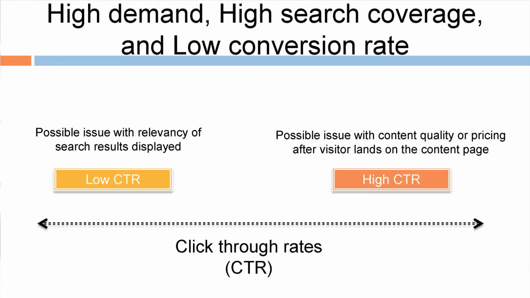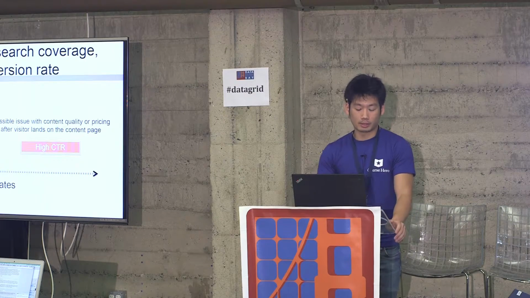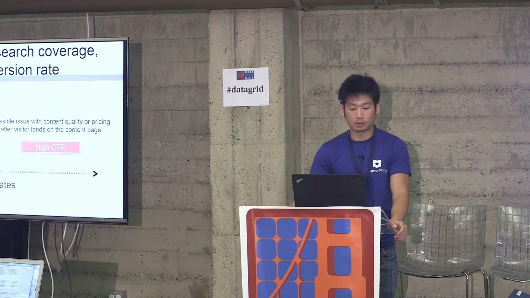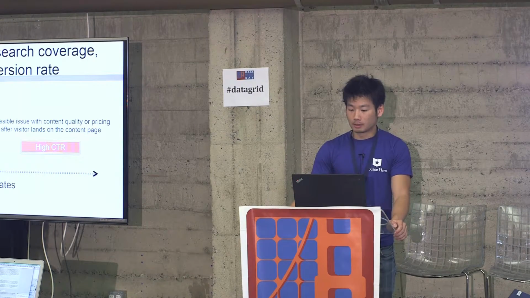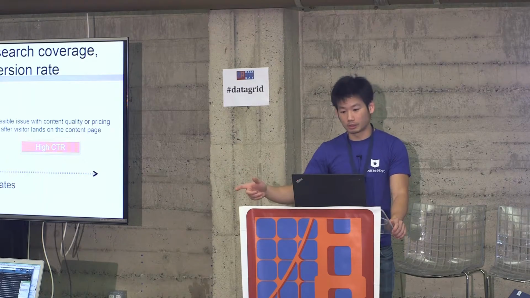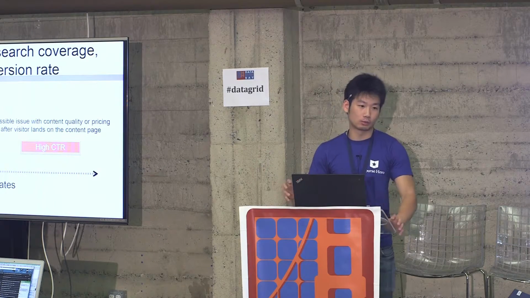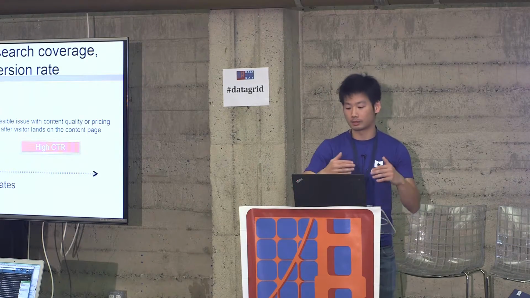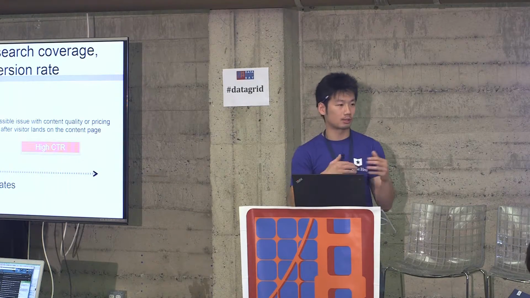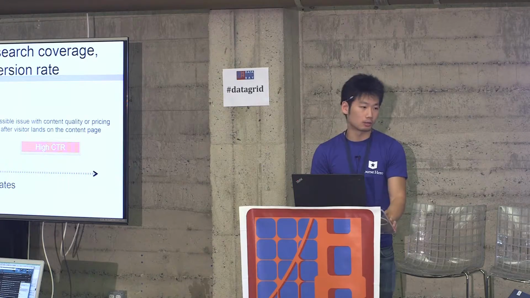On the low click-through rate end of the spectrum, if users are not clicking on the search results, then it's pretty clear the search results are not relevant. On the other end, if users are clicking on the results but then dropping off after seeing the content, that tells us it's the quality of the content or the pricing of our subscription that's not matching up for them. That's the area we need to focus on to solve that problem.